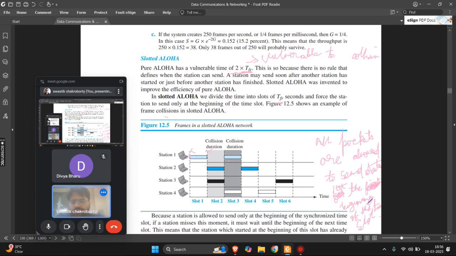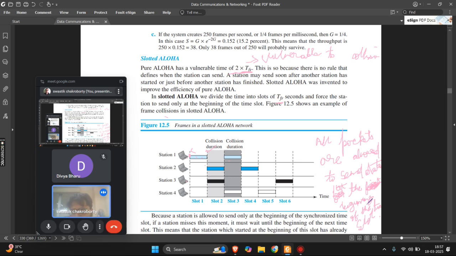But since apart from that beginning time, the rest of the time is collision free, we can assume that if the other stations do not decide to transmit at the beginning of the slot, that packet will go through. So if you clear the beginning, your packet is getting sent and others are not sending, then your packet is through.